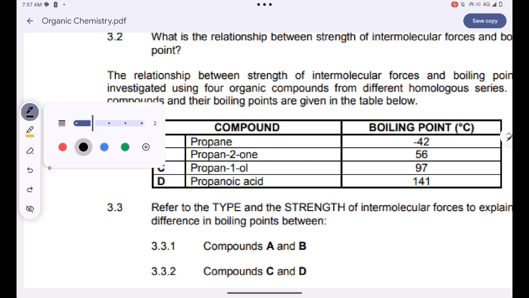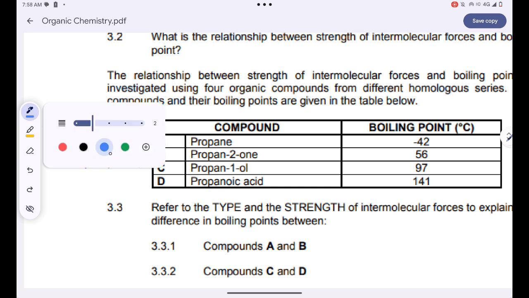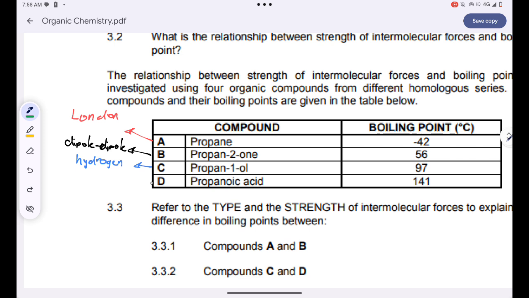And then compound C, it's propan-1-ol. It's a primary alcohol. And in primary alcohol we have a hydrogen bond, which is the strongest. Also we have propanoic acid. Propanoic acid is a carboxylic acid.